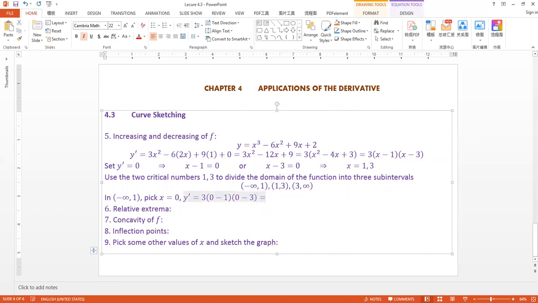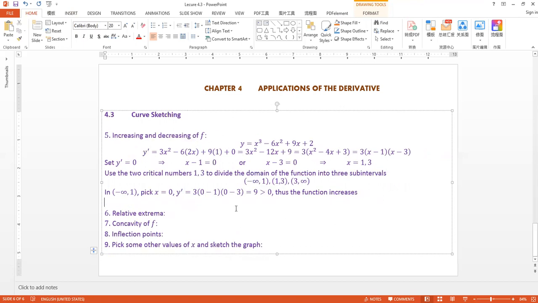We get 3 times 0 minus 1, which is -1, and 0 minus 3, which is -3. Multiplying -1 and -3, we get +3, and multiplying by 3 in front, we get +9. So that's positive. So the first derivative is positive, thus the function increases. Okay, so that's the first subinterval.